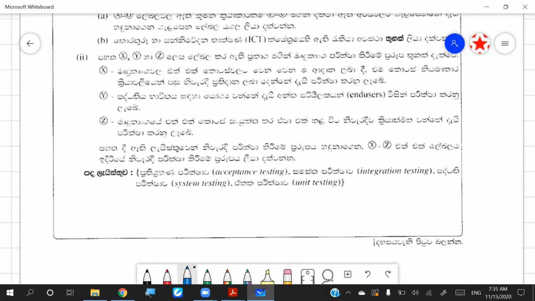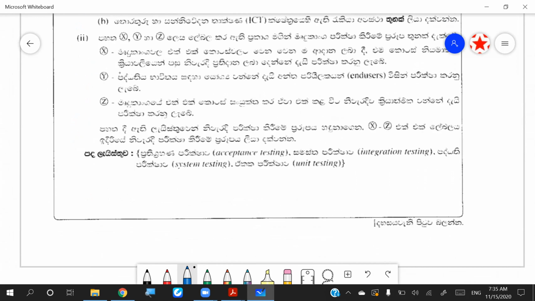In the second part, they're asking you to match X, Y, Z with the given terms. The first one says individual components of the software are tested separately to check if they function properly by producing correct output for the given inputs.